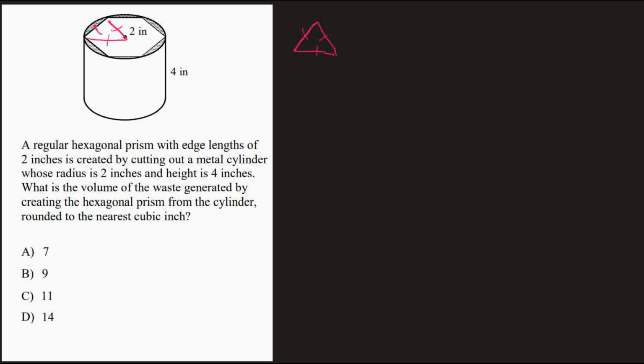Because it's a hexagon, this will be 1, 2, 3, 4, 5, 6. So the angle will be 60 degrees each. Then the length is 2 inches, 2 inches for all.